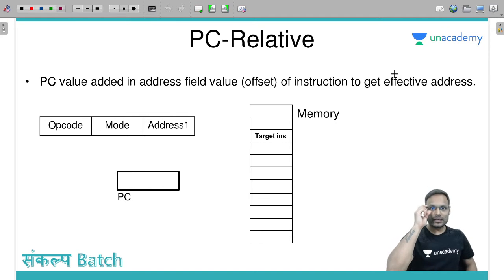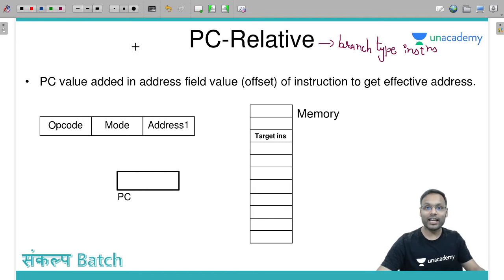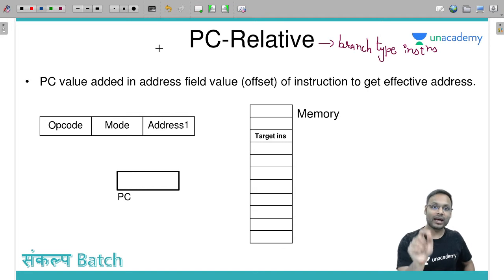So next one is PC relative mode. PC relative mode is used for branch type instructions. Branch type instructions के लिए how to get the effective address. Effective address is the address of the target instruction जहां करना है jump.